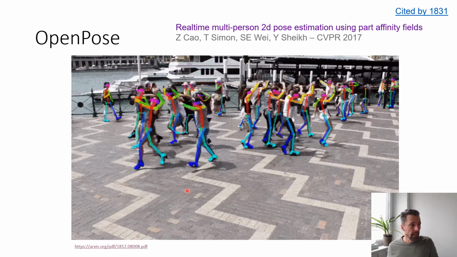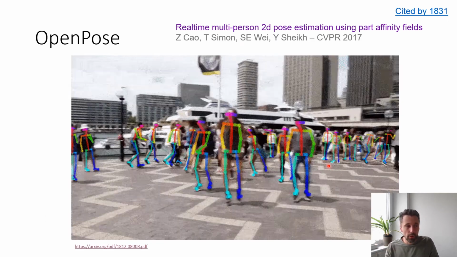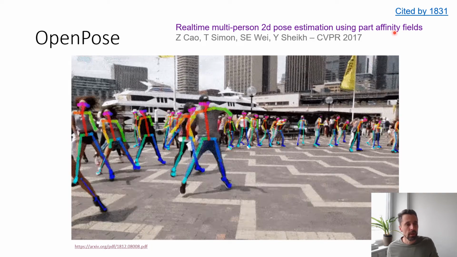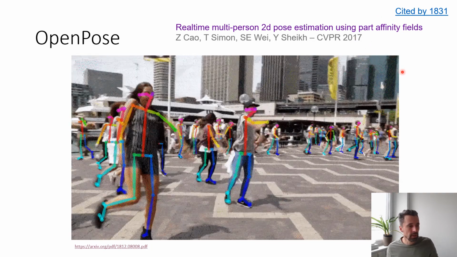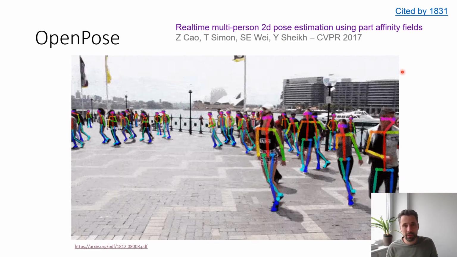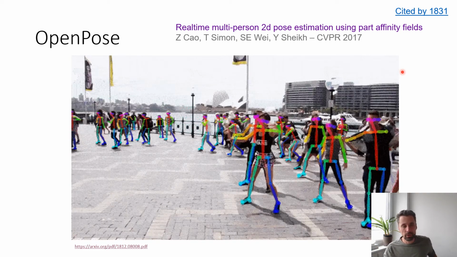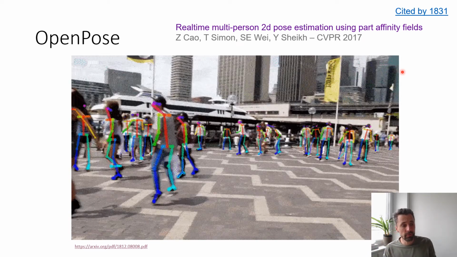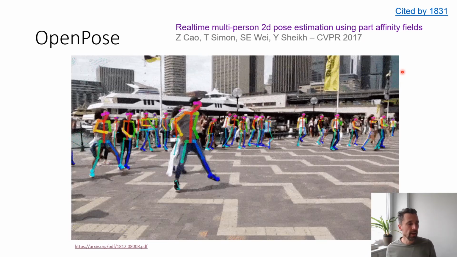Okay, now let's get to the focus of this lecture. It's called OpenPose. It was published in 2017. OpenPose is really nice because it's open. You can download the source code and build it yourself. There's a variety of implementations for TensorFlow, for PyTorch, for Caffe.